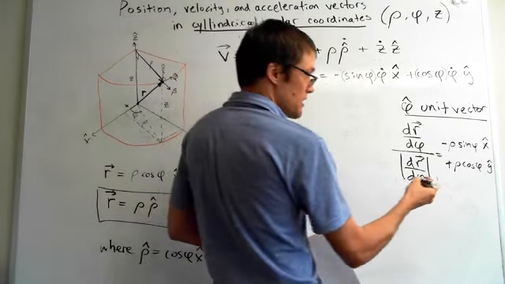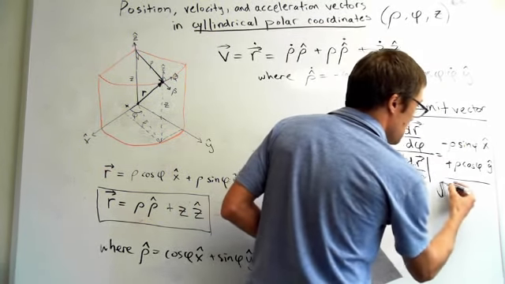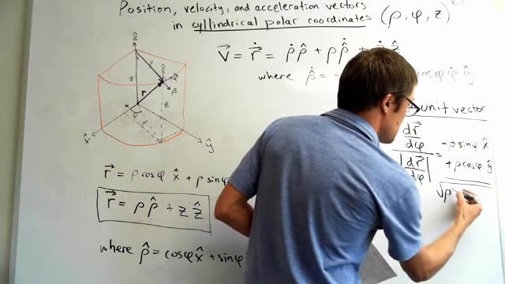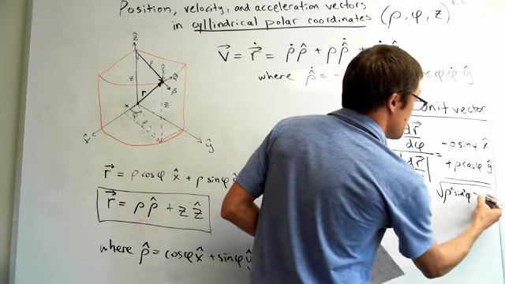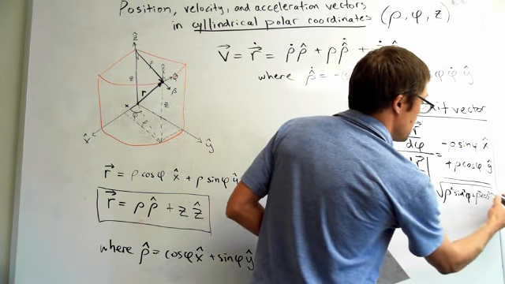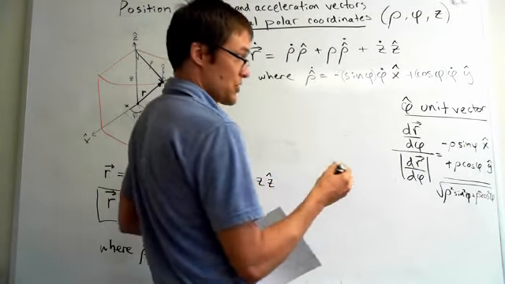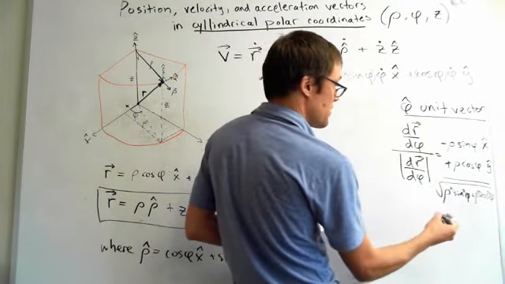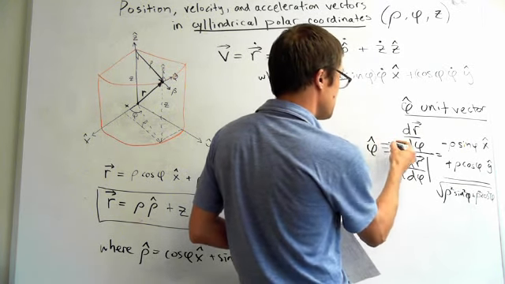Now we've got to take that term and again divide it by the magnitude of itself. So its magnitude is the square root of rho squared sine squared phi plus rho squared cosine squared phi. Remember, this is phi hat by definition.